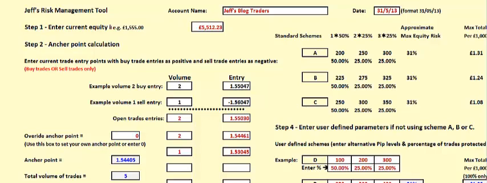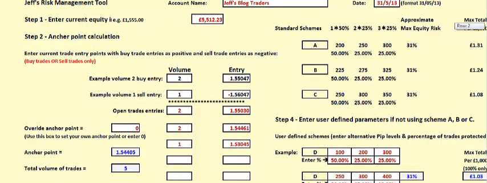On the far right, you can see a figure of £1.31. That's a figure that's been calculated depending on the risk. So using that 200, 250, 300, 50%, 25% and 25%, I can use £1.31 as a volume per £1,000 of equity in the account.